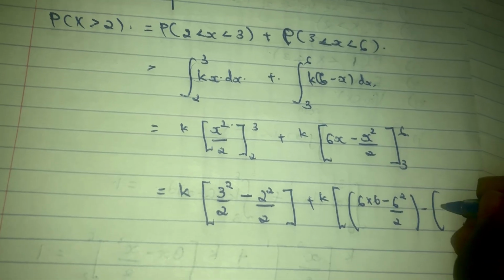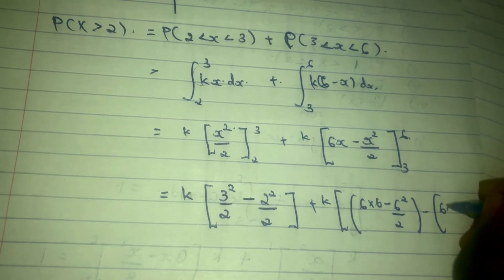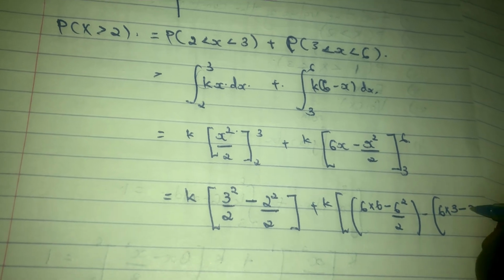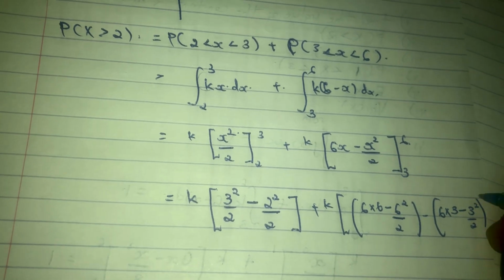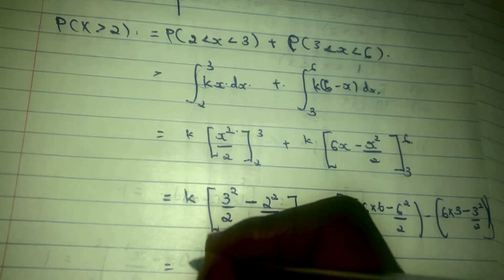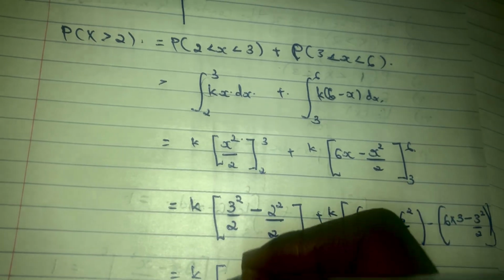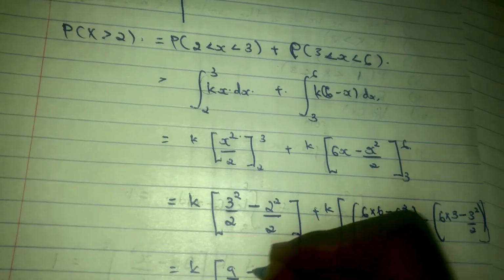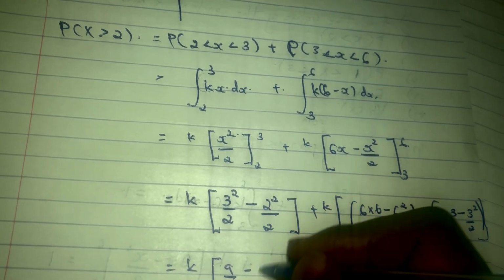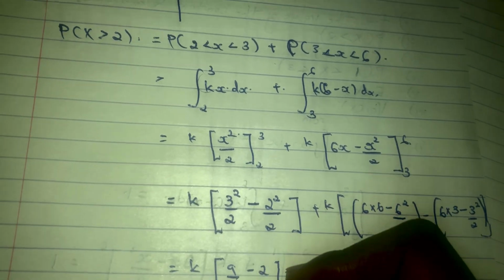Here we have 6 times 3 minus 3 squared over 2. Are we together? Leaves us with k into 9 over 2 minus 2 squared, which is 4, divided by 2, 2. Are we together?